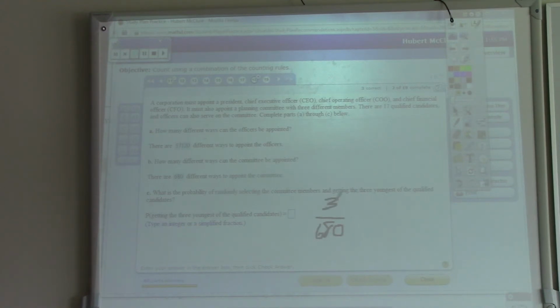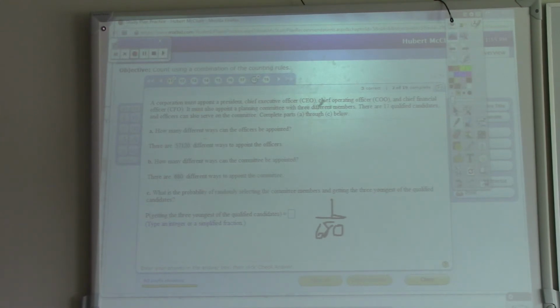Would that be one committee? If it's the 3 youngest, then that would be the one committee. That would be one committee out of how many? 680.